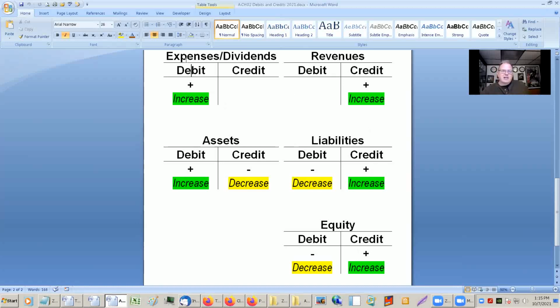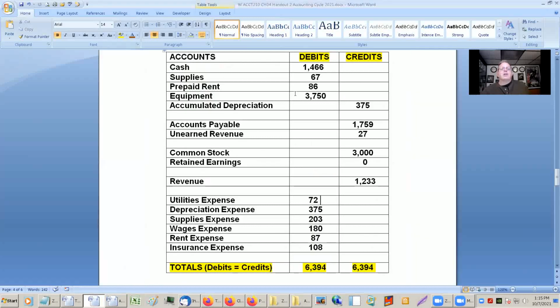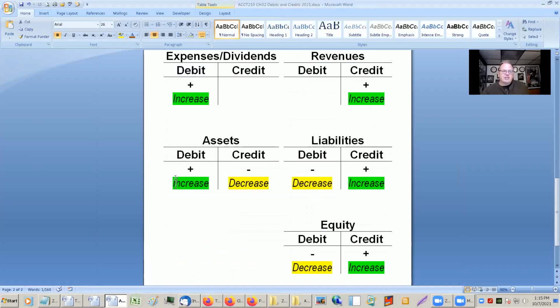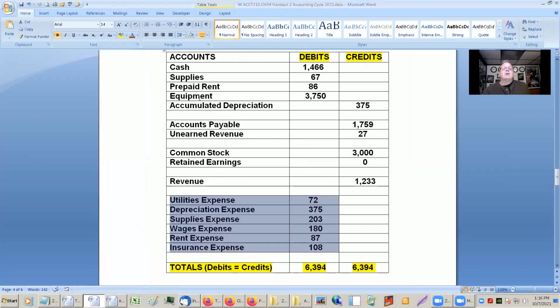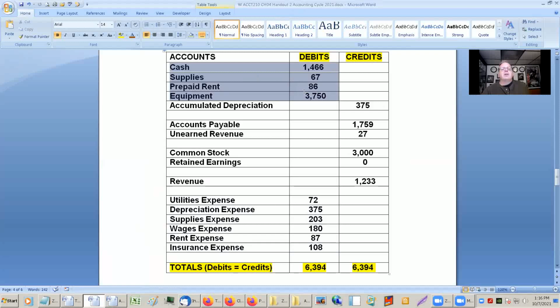So for instance, let's take expenses and dividends. They're on the plus side, they're a debit. If you look at what we're doing here, all these expenses, they're all debits. Okay, let's take assets. Generally speaking, they're going to be a debit. The contra accounts are going to be the opposite. But for the assets themselves, these are all the assets, they're all debits.